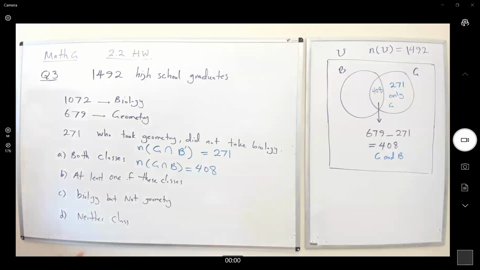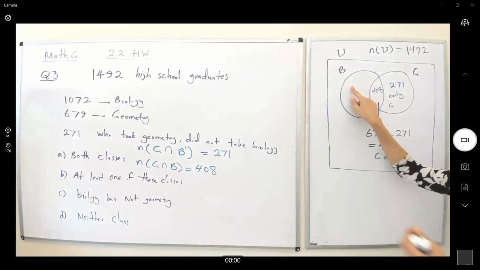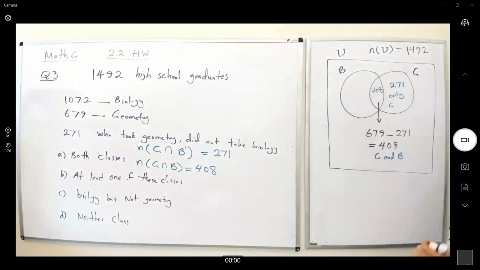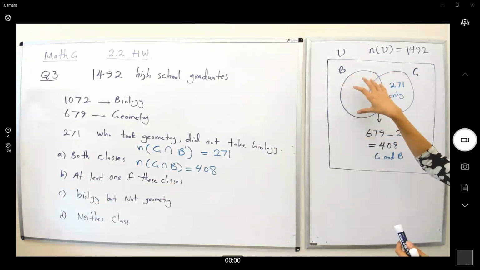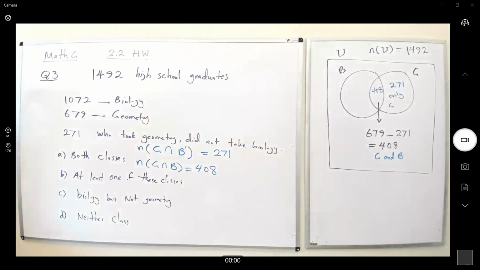Now I expect you to ask, what is the number of people who only took biology? They didn't take any geometry class. So as usual, you can do a little bit of calculation. In this case, to find the number of people who only took biology, we need to subtract the intersection from 1072.